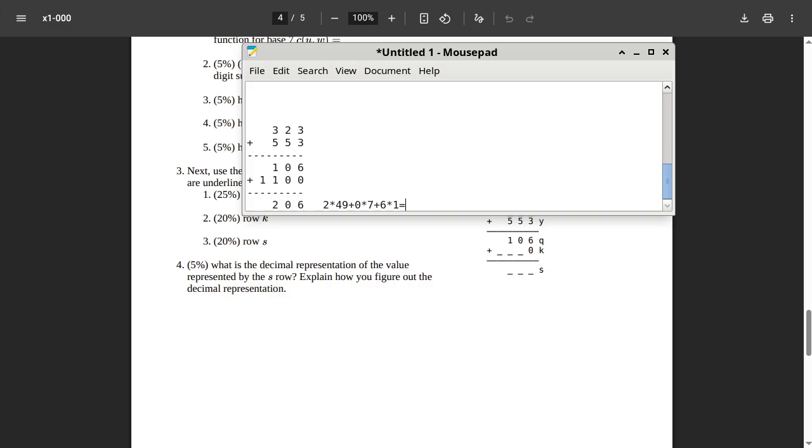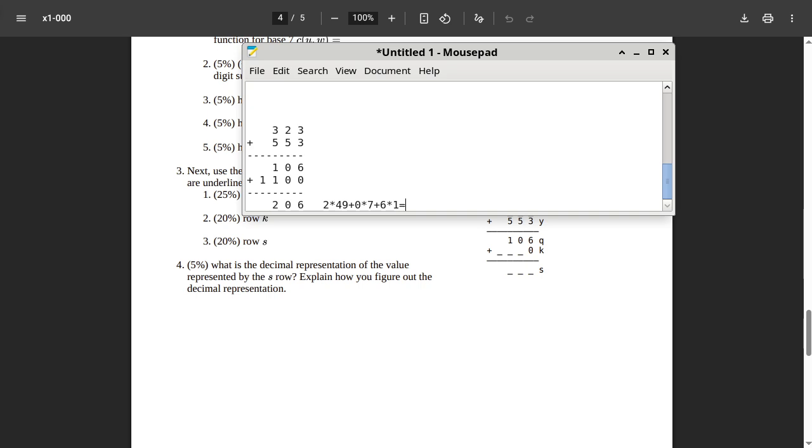Oh, you're fast. It's 99. Oh, no, it's 105. No, 104. Yep, 104, in base 10.